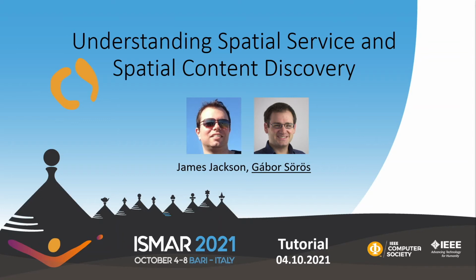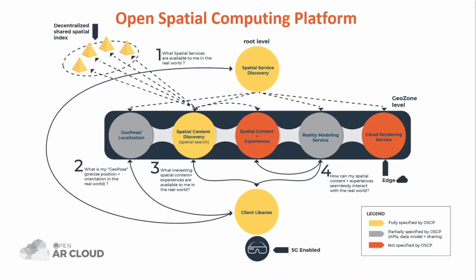As shown by the presentation of James, when a client first starts up somewhere in the world, it doesn't really know where it is and what kind of services are available in the neighborhood. So it first goes to the spatial service discovery, which will return a number of services available in that area.